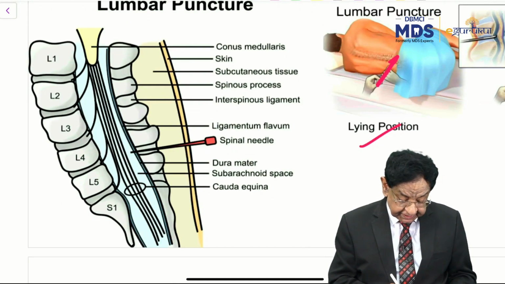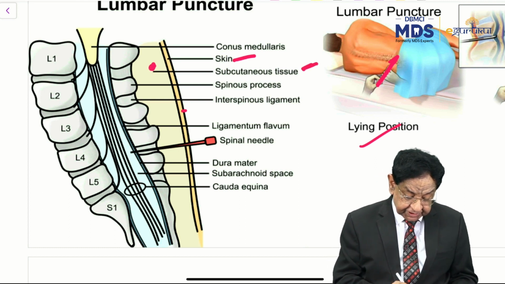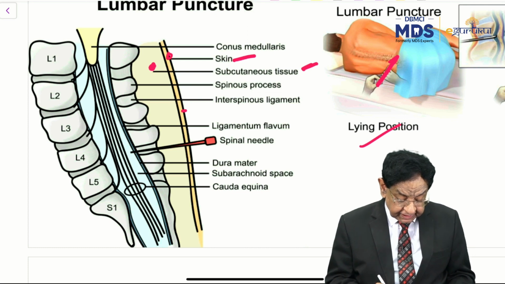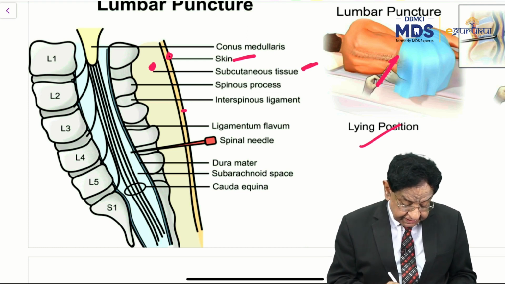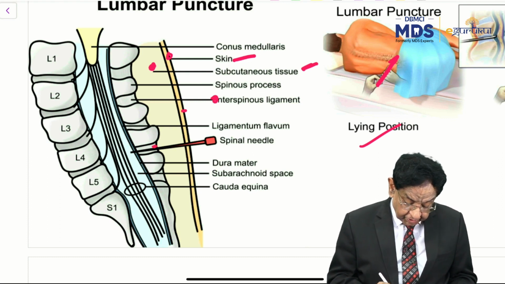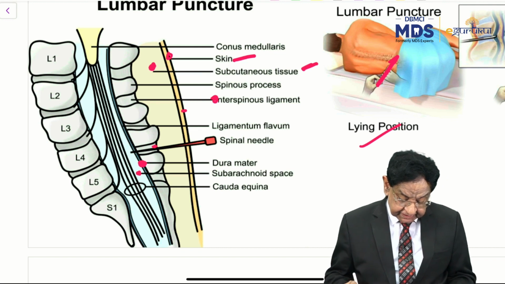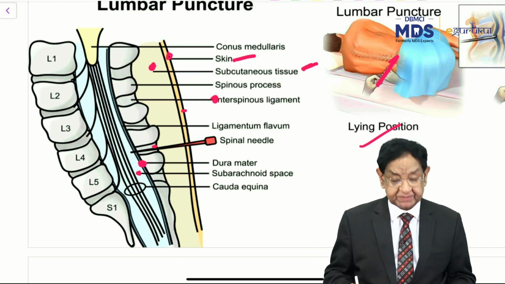Well, this is the skin, and below that is subcutaneous tissue, and then we have the interspinous ligament. Later on it enters the dura mater. It punctures the dura mater, and finally it lands up in the subarachnoid space.